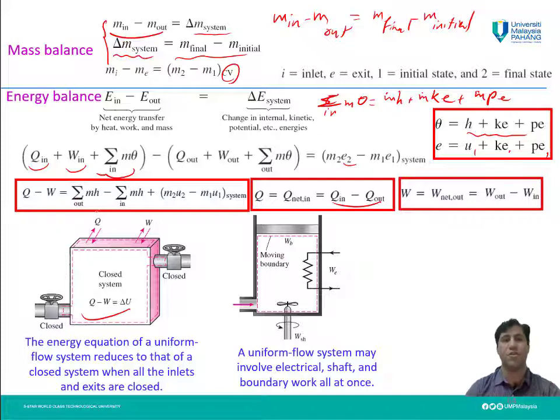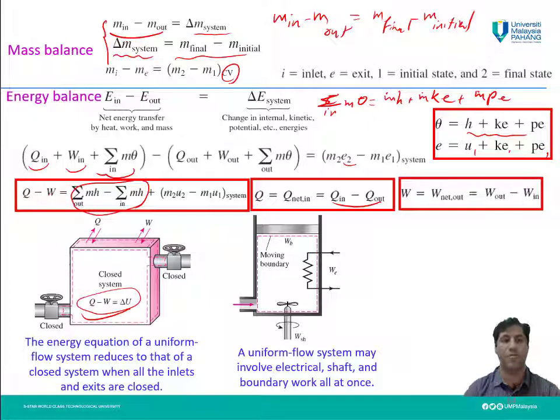We have this because here we have a flow. Energy is also transferred to the system or from the system by mass as well. So we add these terms. This is the difference between the equation which we had for a closed system and the equation which we have for a control volume.